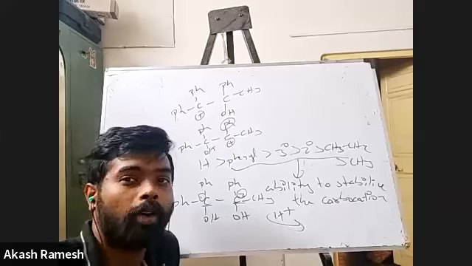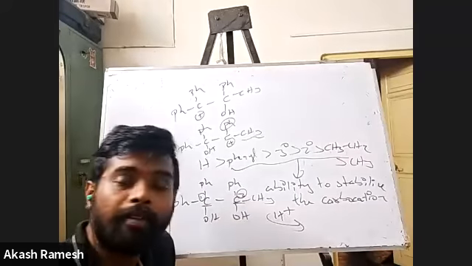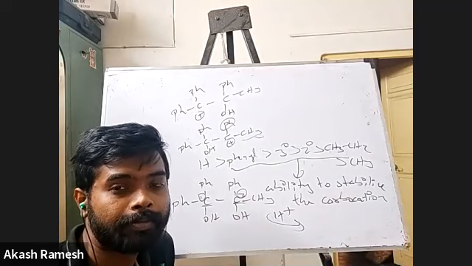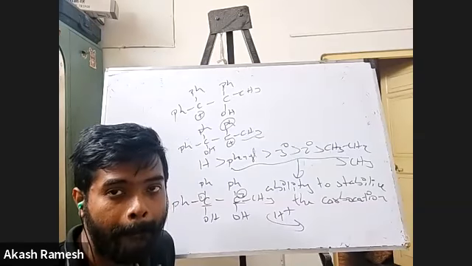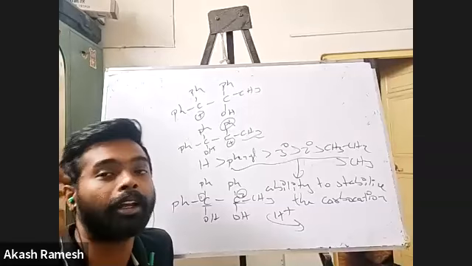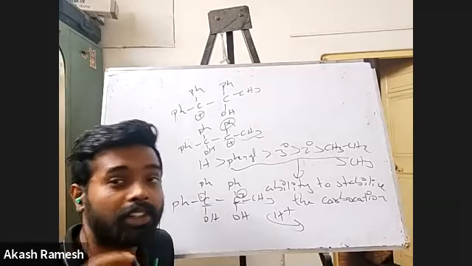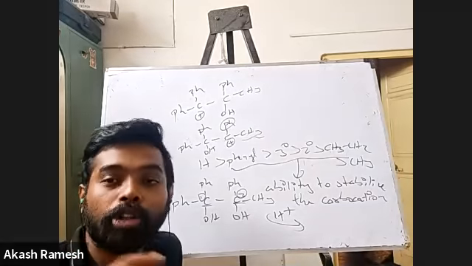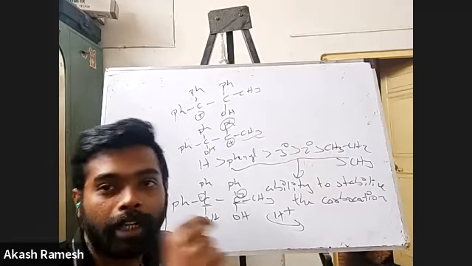Now, alkyl groups in general will stabilize the carbocation by inductive effect or hyperconjugation. Resonance happens only if I have benzene rings, phenyl groups. So alkyl groups will stabilize the carbocation either by inductive effect or by hyperconjugation, and both of them are not so important when it comes to resonance.